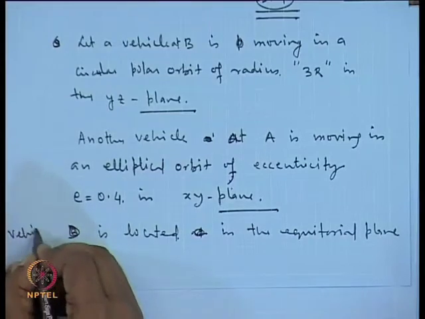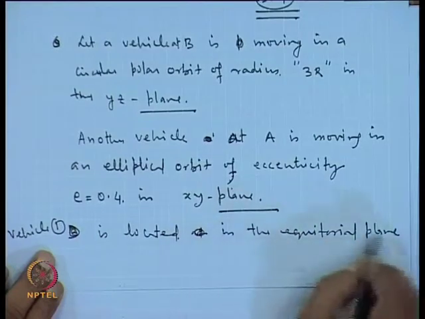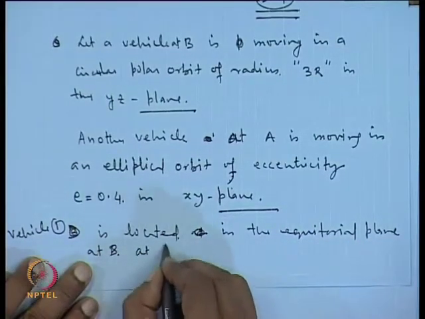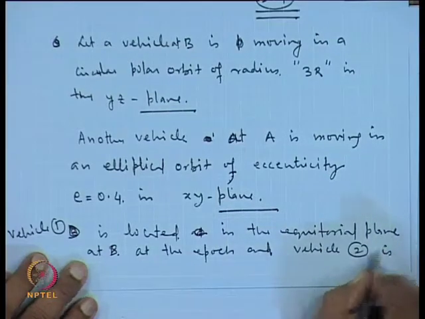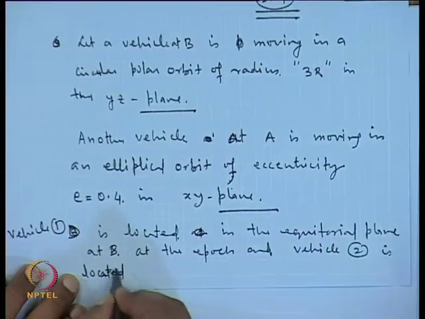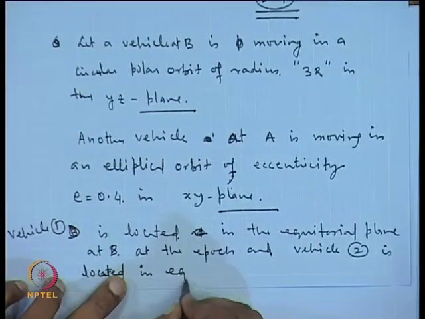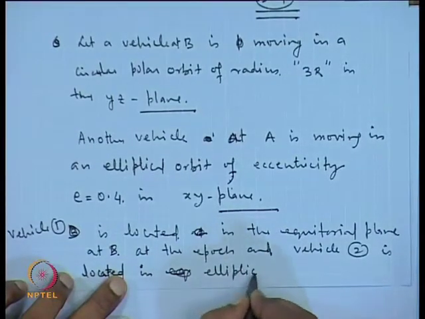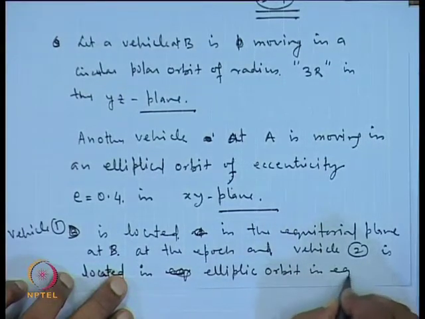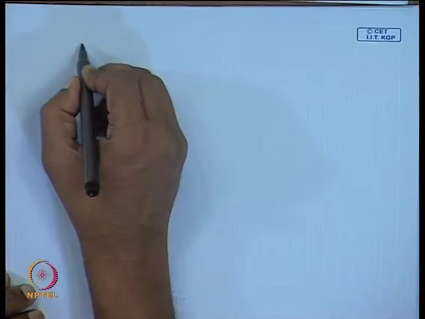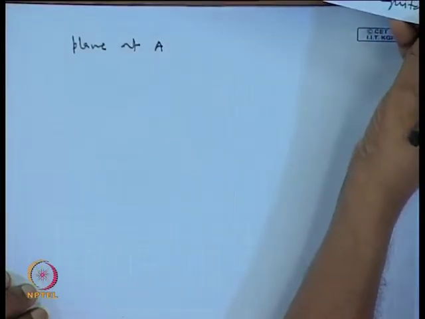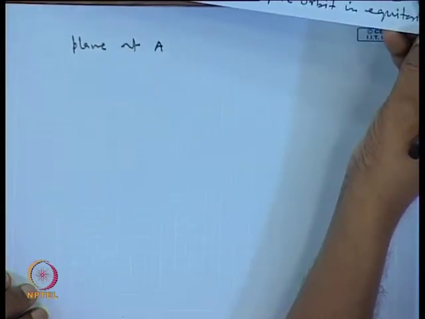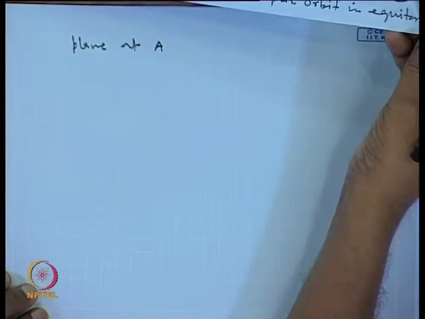Vehicle 1 is located in the equatorial plane at B at the epoch, and vehicle 2 is located in elliptic orbit in equatorial plane at A. Okay, so, in fact, vehicle 2 is moving in the equatorial plane only, and this is an elliptical orbit.